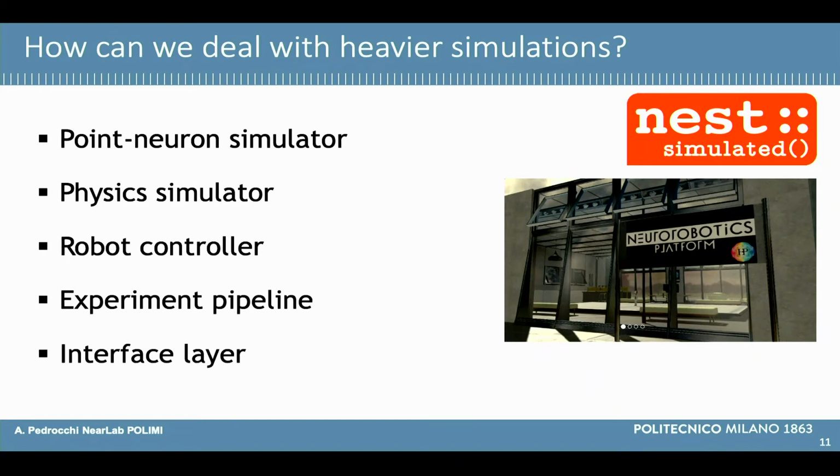The neurorobotic platform of HBP is giving us the possibility to control virtual robots, which means that we still have a body and we have a behavior, but we are losing the constraints about real time because we are playing with virtual robots.